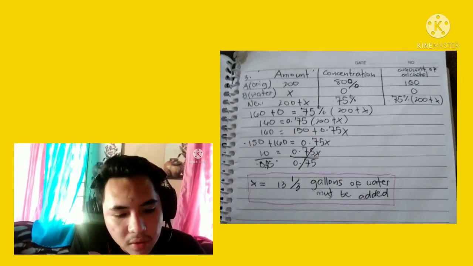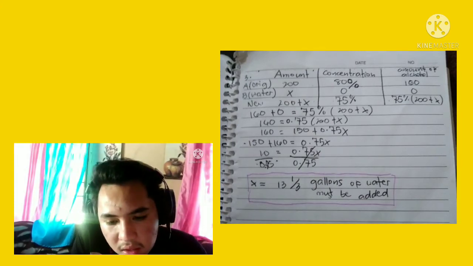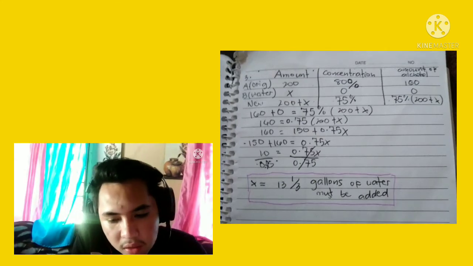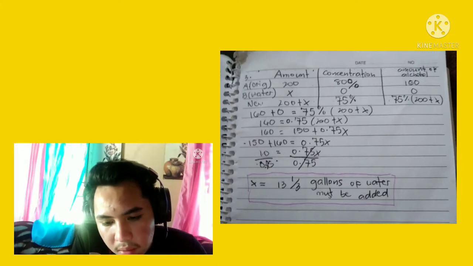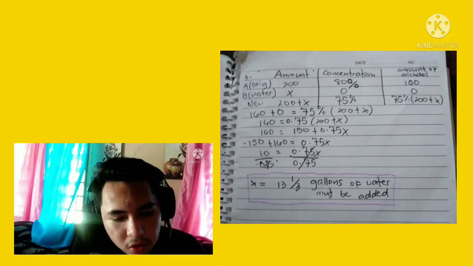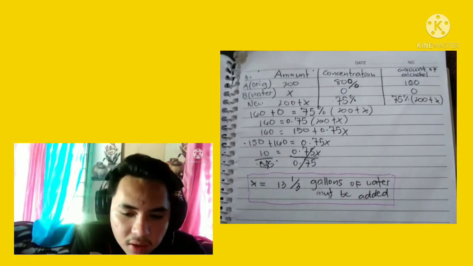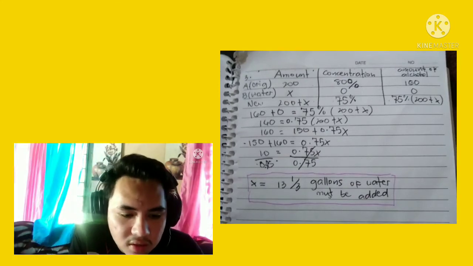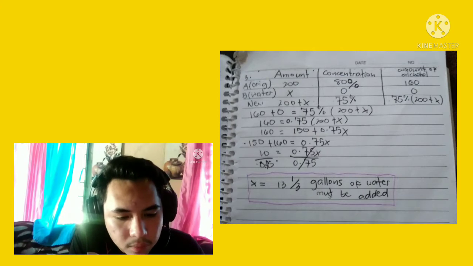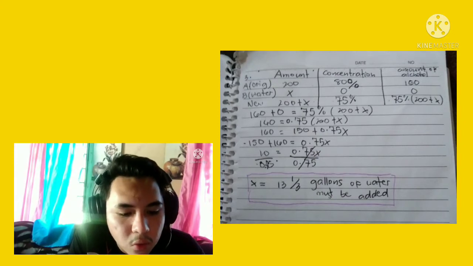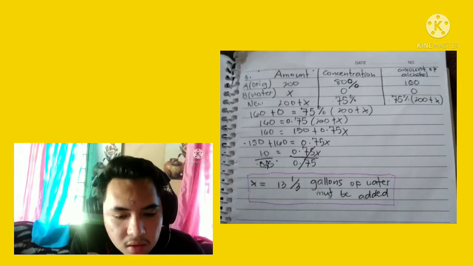Then our water, because it is being asked here how much water must be added, it's going to be x, and the concentration is 0, and the amount of alcohol is 0. So our new amount is 200 plus x.